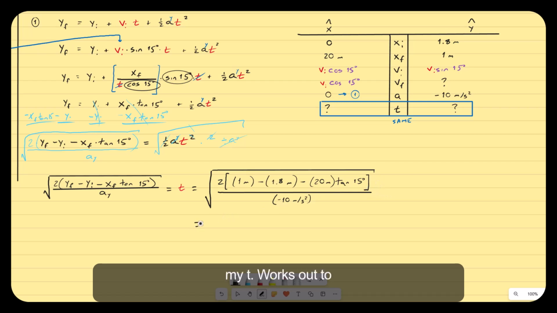And my t works out to be 1.11 seconds. I'm going to put that in for my time.